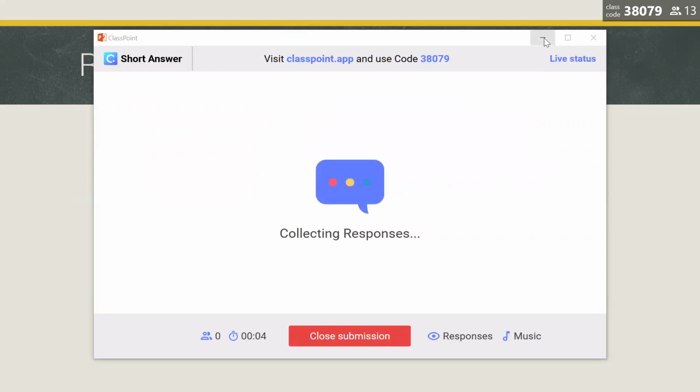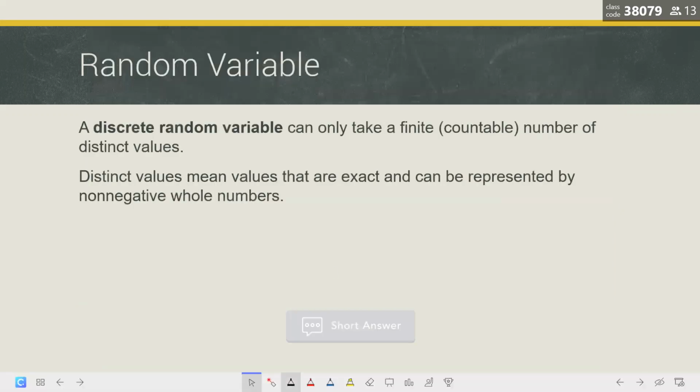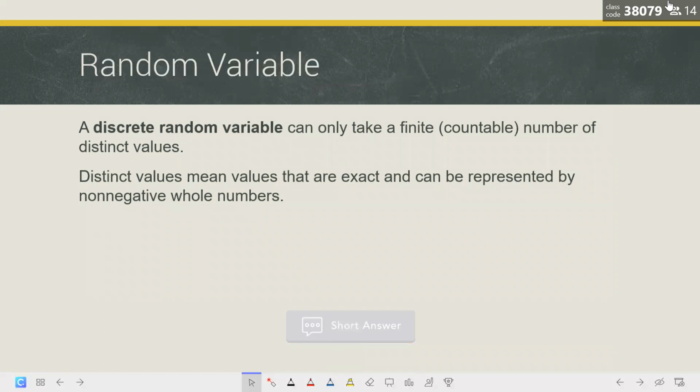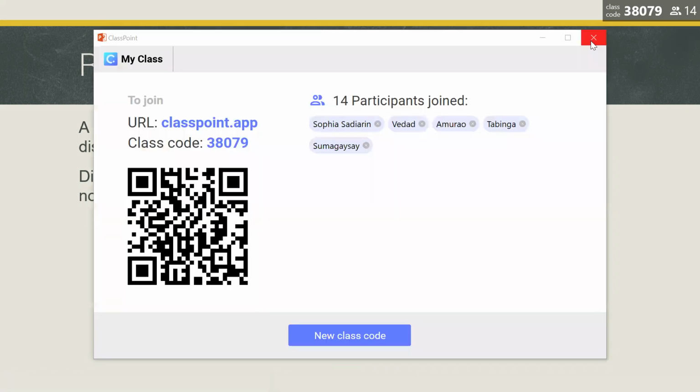For the first activity, in our activity, I want you to give an example of a discrete random variable.